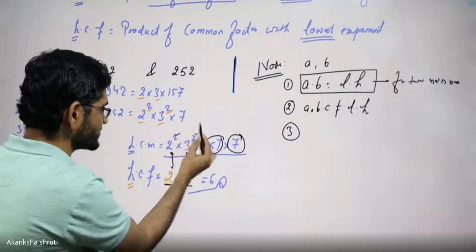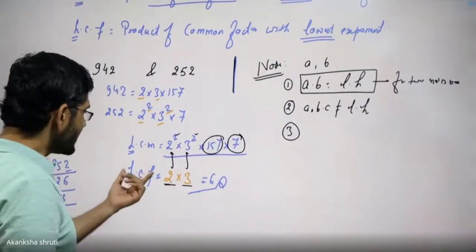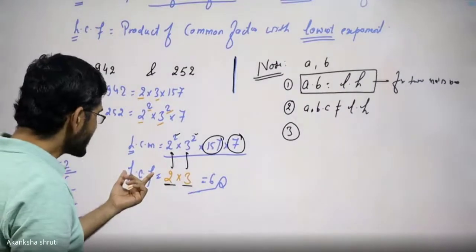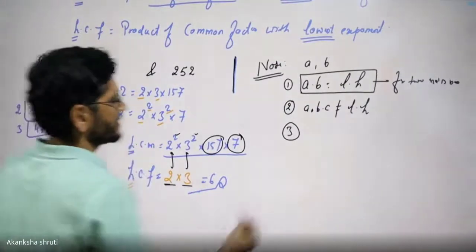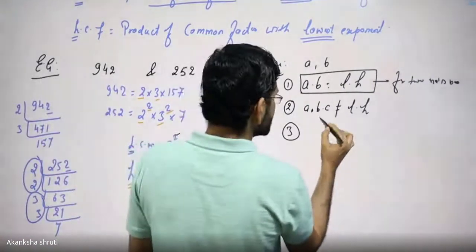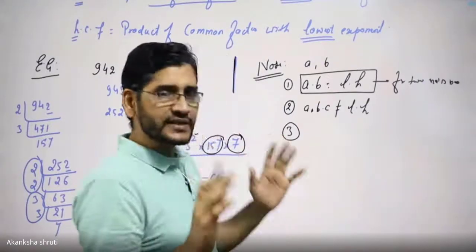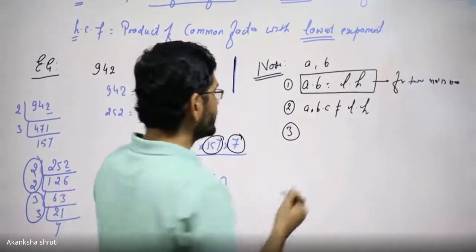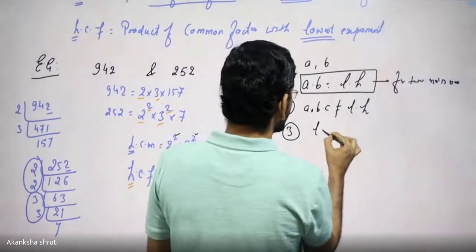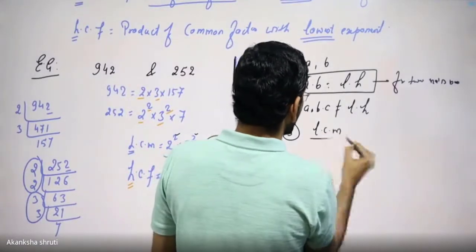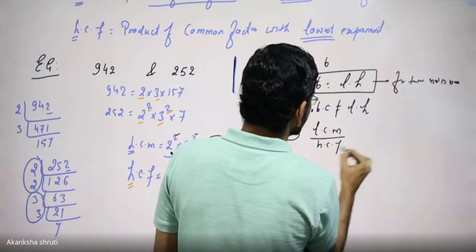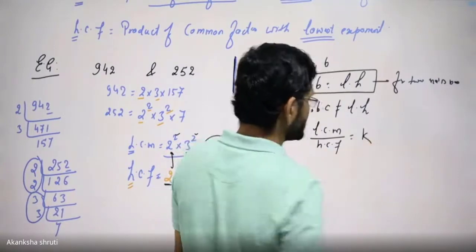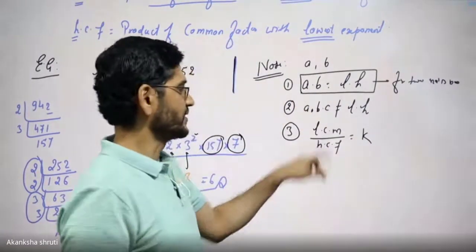Even this power is also there. Means what? HCF can divide this LCM. So only that pair of LCM and HCF is possible where LCM is divisible by HCF. It is a constant. Then such a pair is possible.